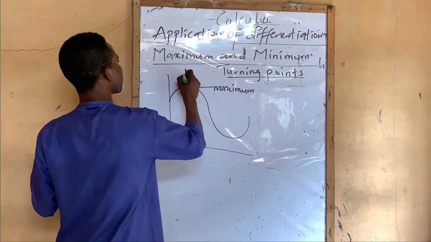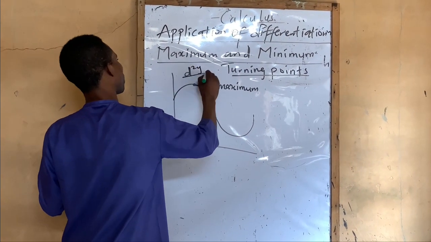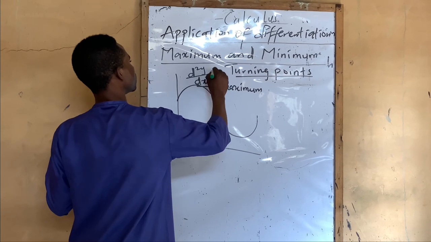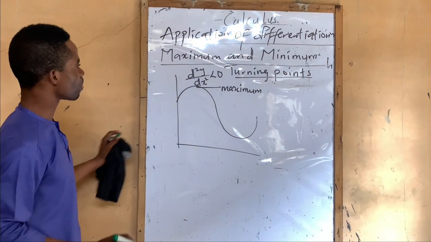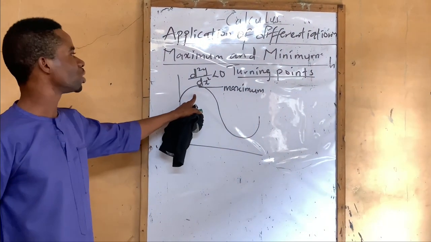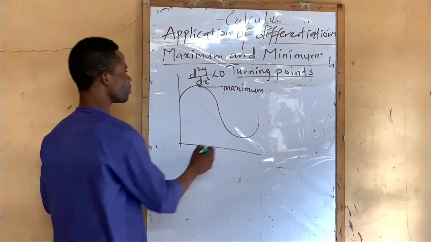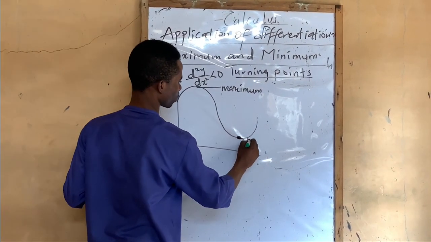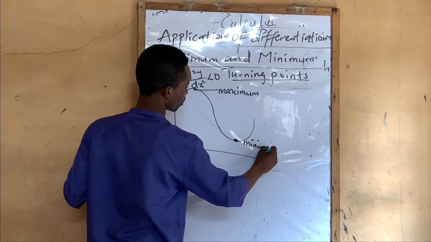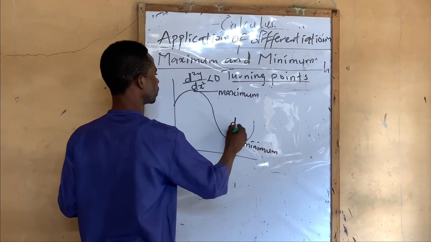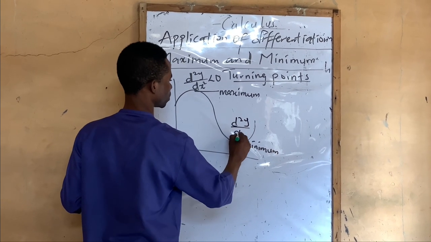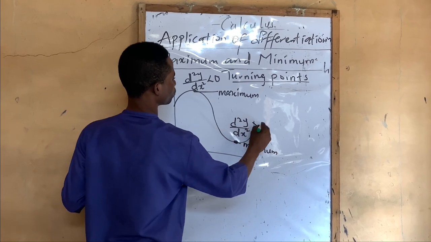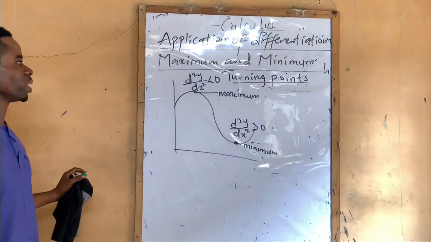When the second derivative, d squared y over dx squared, is less than 0. It is maximum when the second derivative is less than 0. But it is minimum when the second derivative is greater than 0. That's why it is minimum.